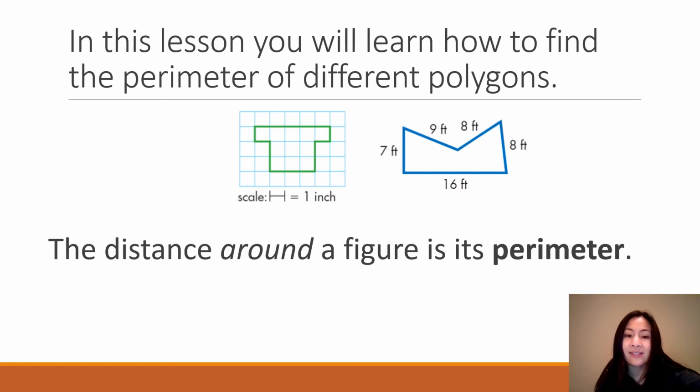And since there is a scale here, each square is 1 inch, then we would know that it would be 11 square inches. But we're not figuring out area this time. Now we're finding the distance around a figure, all the way around.